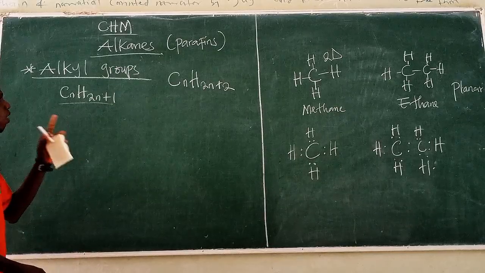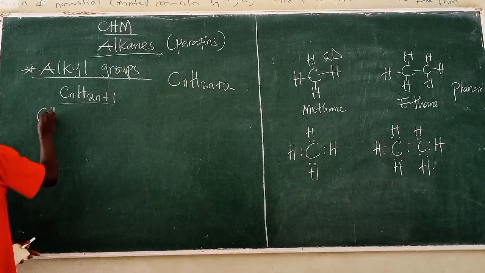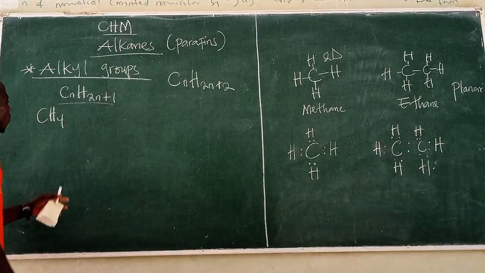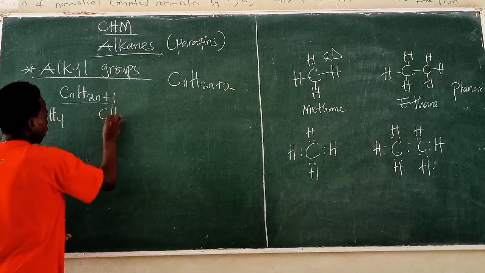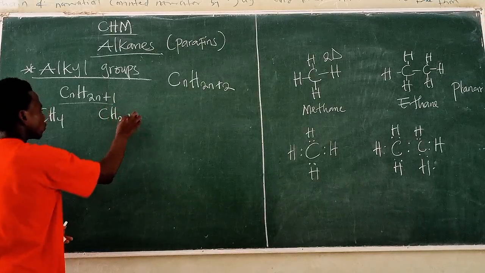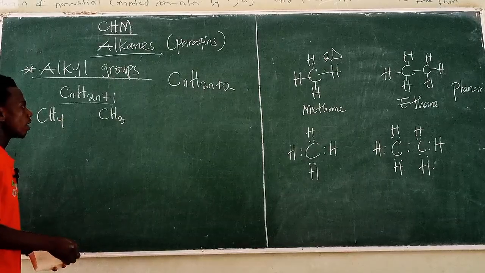Now, the first member of alkanes is CH4. With the removal of one hydrogen from CH4, we'll have CH3. Now, this is an alkyl and the first member of the alkyl groups.